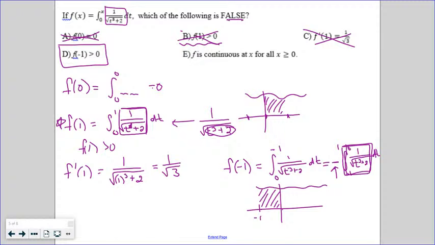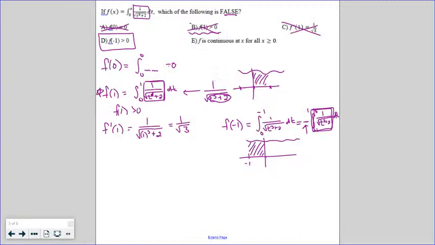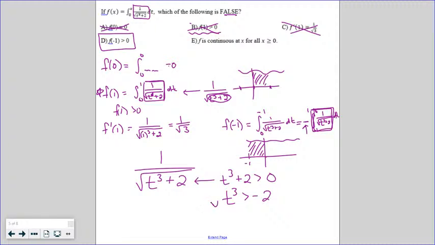F is continuous for all x greater than 0. If you just consider the domain restriction of the function 1 over the square root of t cubed plus 2, the domain restriction would happen down here, and that is that t cubed plus 2 has to be greater than 0, so t cubed has to be greater than -2, or t has to be greater than the cube root of -2.